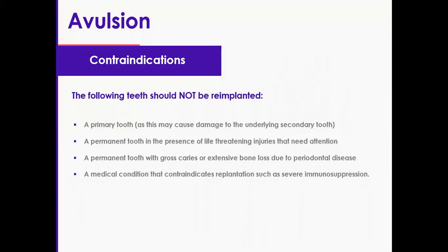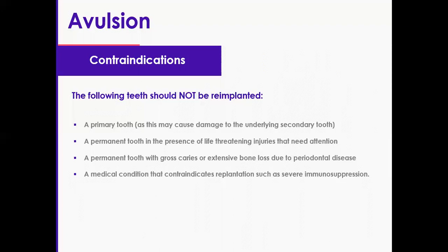The patient needs to go to A&E to get that addressed. Three, when you've got a tooth that has extensive caries, or there is severe periodontal bone loss, there's no point in replanting these teeth. And four, if there is a medical history contraindication such as immunosuppression.